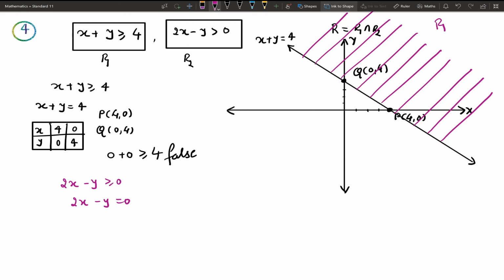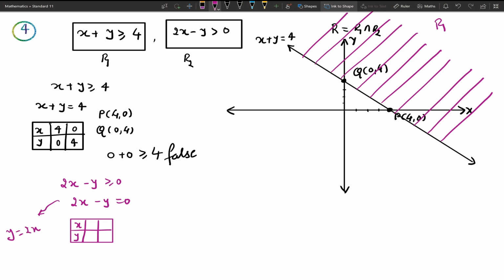So to check which half of the plane, since the line passes through the origin, we will not check by the origin. This is nothing but y equal to 2x.